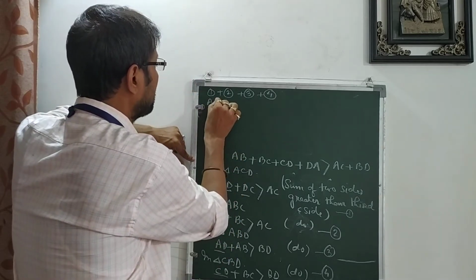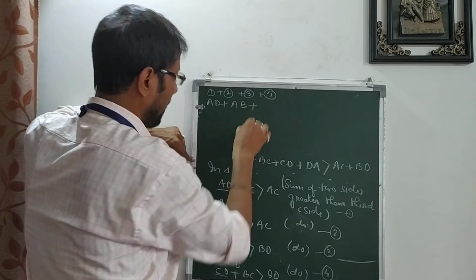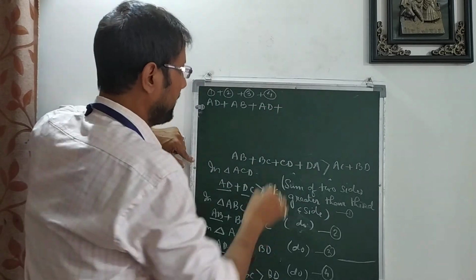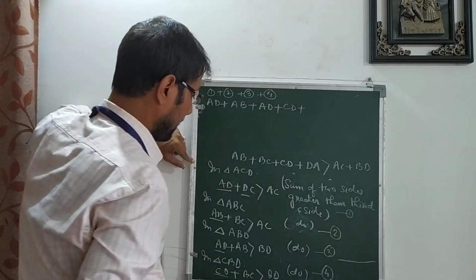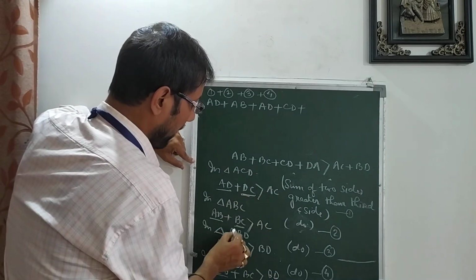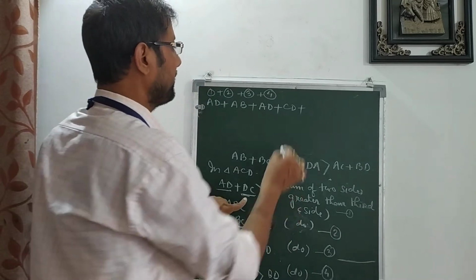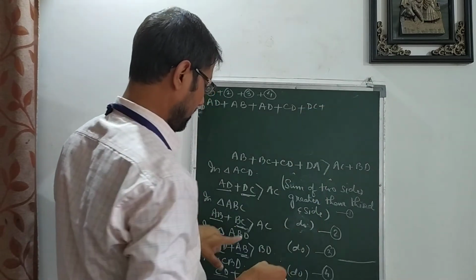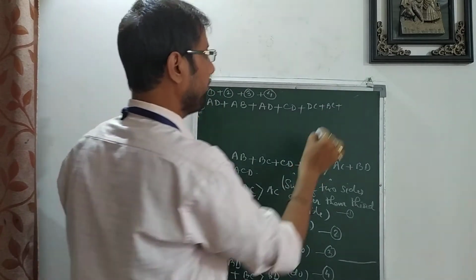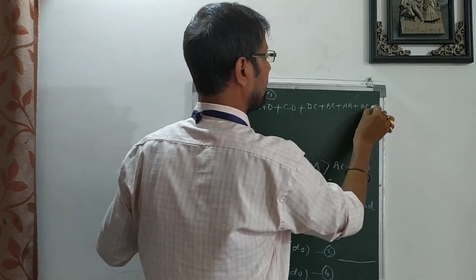AD plus AB plus AD plus CD plus, now I will write BC plus DC plus BC plus AB plus BC, is greater than what?